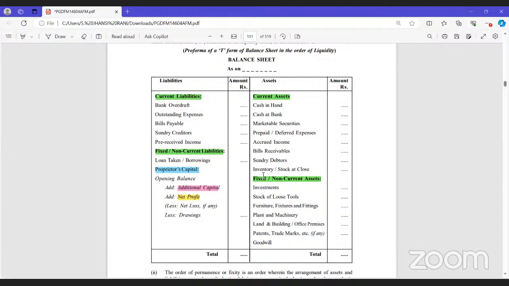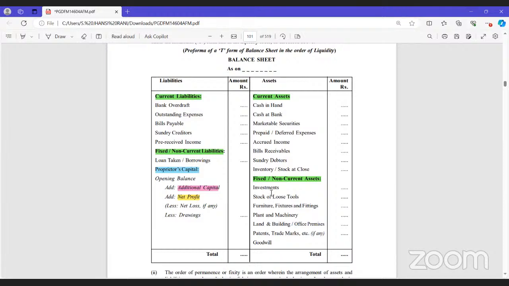Next, here liabilities. Capital, or whatever investment is done by the owner in the form of capital, can be cleared only at the end, when we close the business or wind up the business. At that time only, capital will be paid. So that is the reason this has been given last.